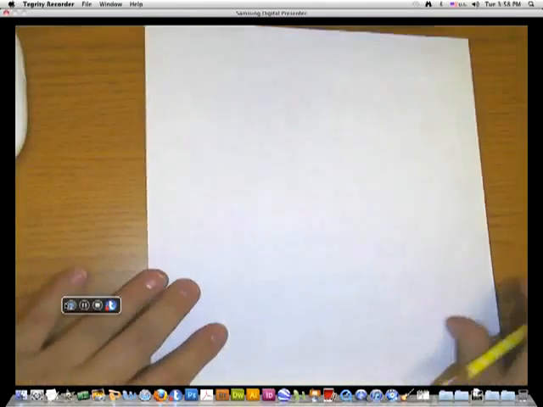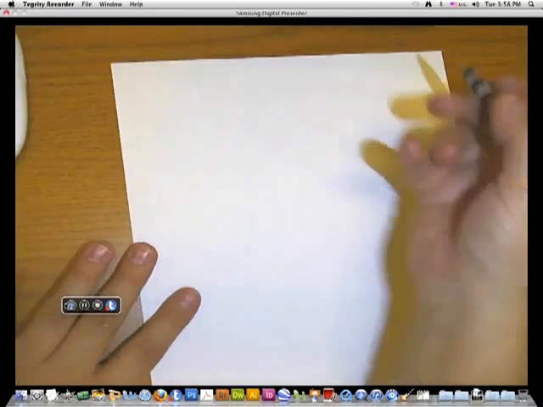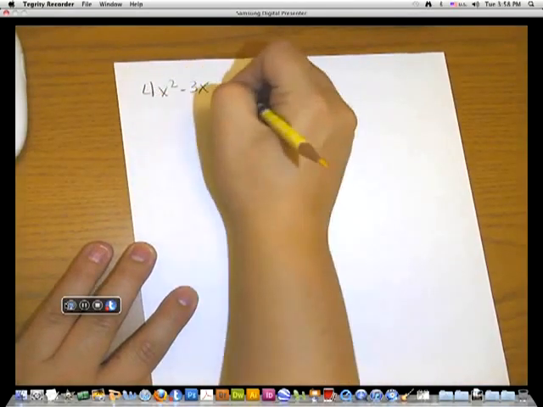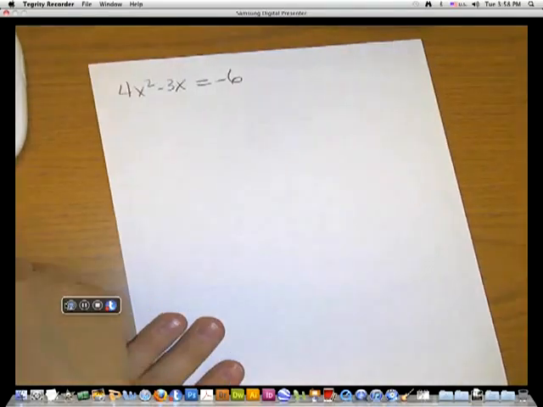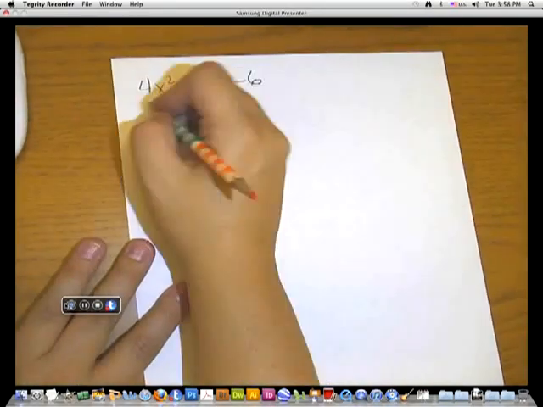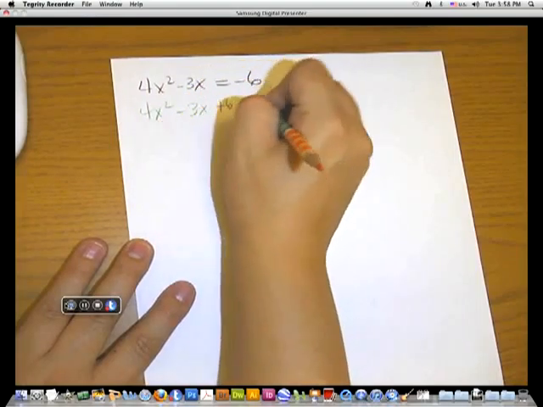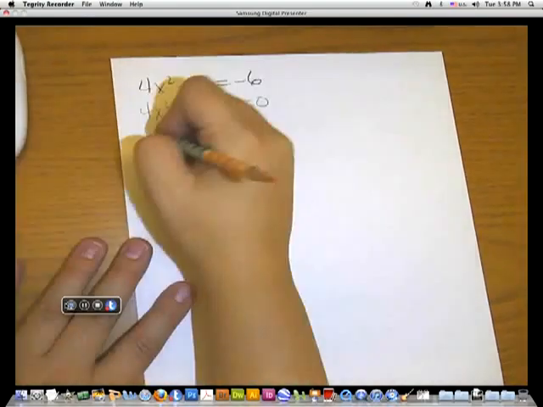So let's try an example that doesn't come out to a nice whole number. What if I have 4x squared minus 3x is equal to negative 6? First thing you have to do is you do have to move the 6 so that it equals 0. It does have to equal 0.